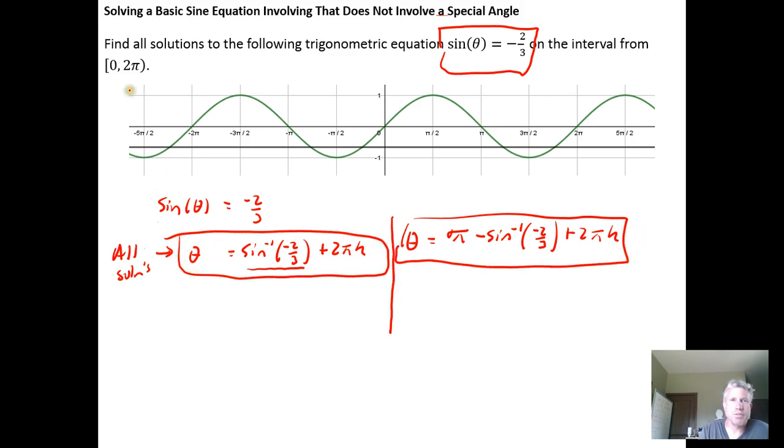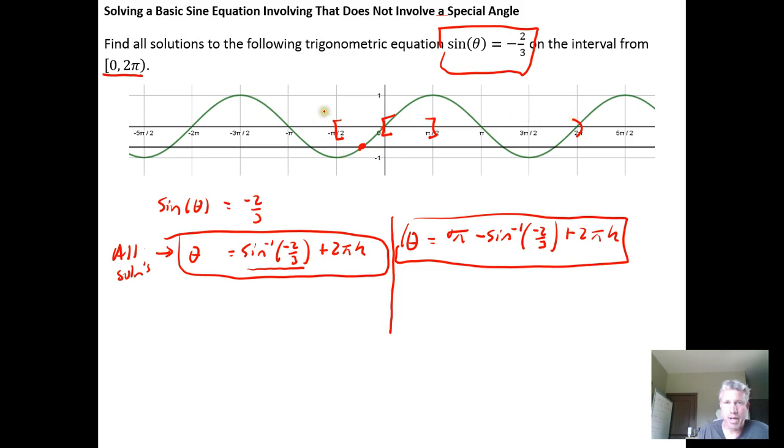But we're supposed to find the solutions on the interval from 0 to 2 pi. And what I want to recognize is that this sine inverse of negative 2/3 corresponds to this right here. But if we want the solutions on the interval from 0 to 2 pi, this guy falls outside of that interval.